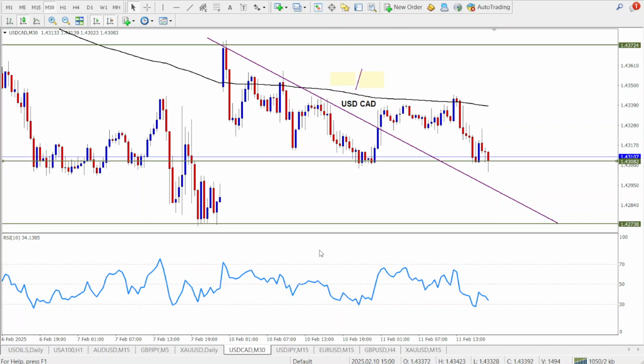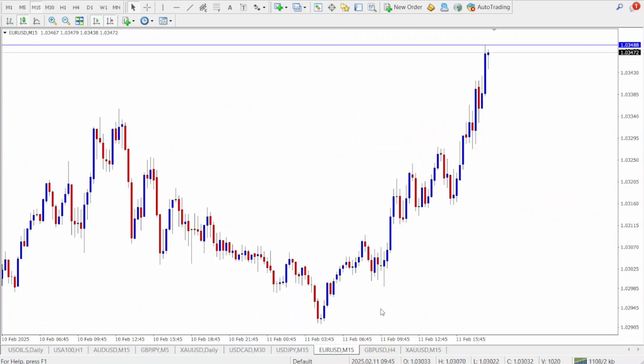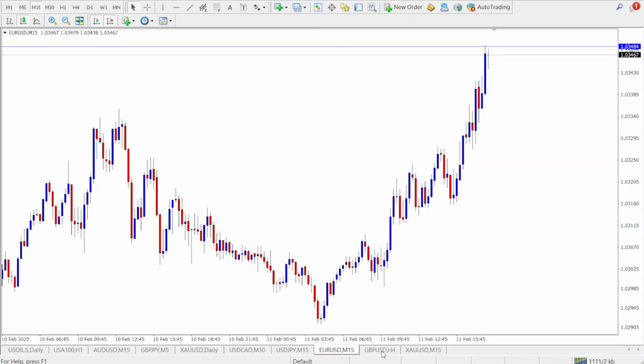And the next is correlation analysis. Some currency pairs move in the same direction while others move in opposite directions. For example, the Euro/USD and GBP/USD often have a positive correlation, meaning when one goes up, the other tends to follow.